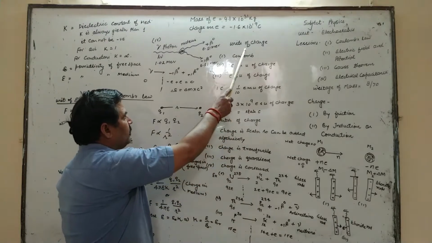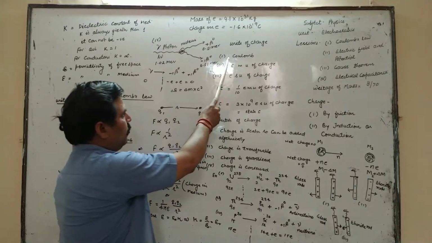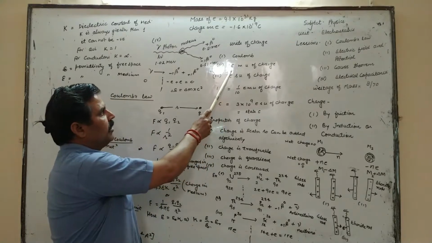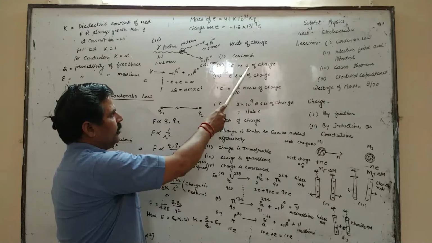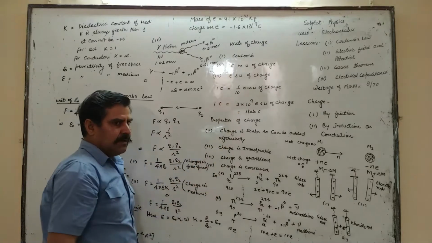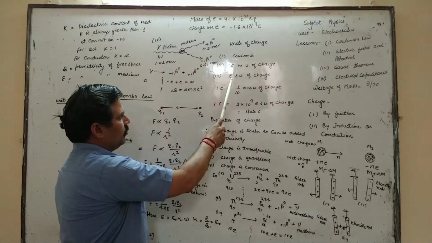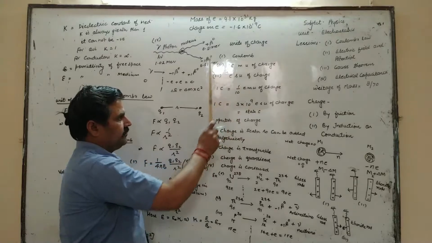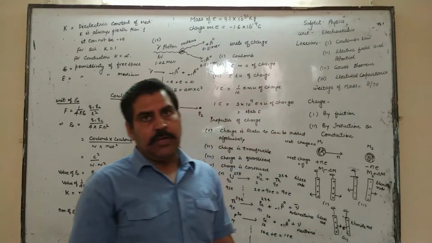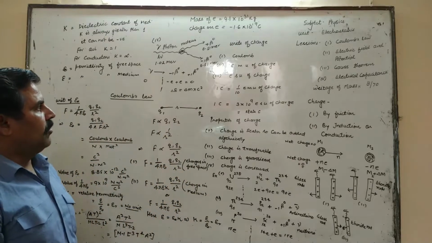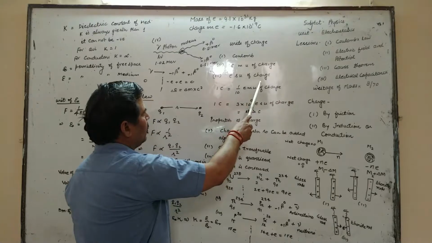Now, units of charge. There are three units of charge. Number one, coulomb. Number two, EMU of charge, electromagnetic unit of charge. Number three, ESU of charge, electrostatic unit of charge. Listen once again: there are three units of charge, coulomb, EMU of charge, ESU of charge.